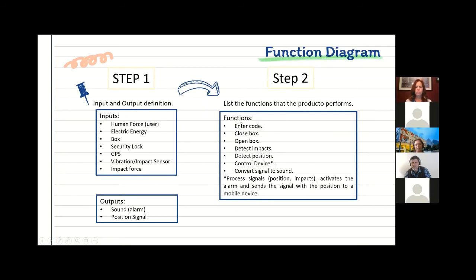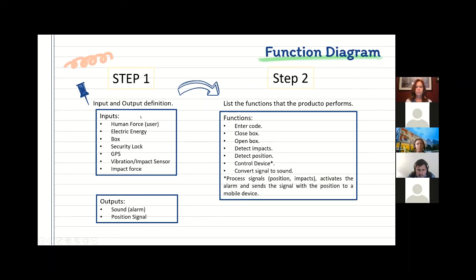And in these first two steps, I think that it will not be so clear, but when we get to the third step, it all makes sense, so don't worry.